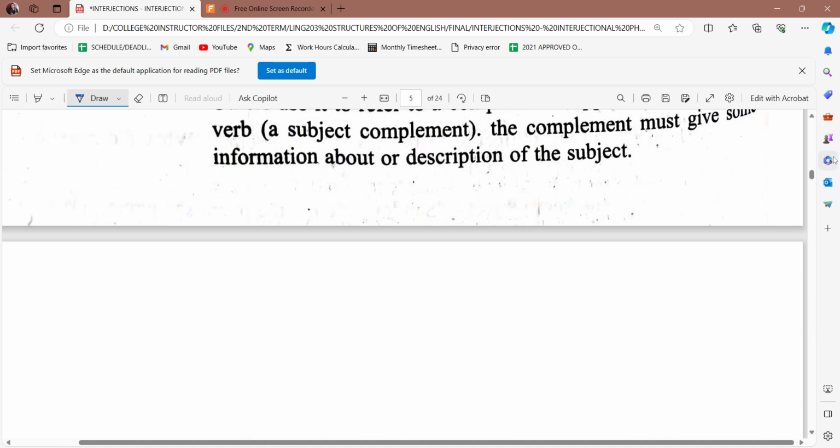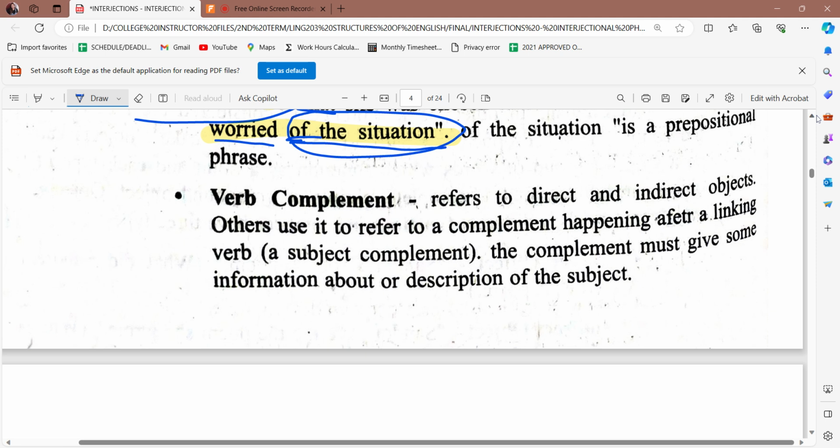Okay. Now we go to the verb complement. In verb complement, it refers to direct and indirect object. Others use it to refer to a complement happening after a linking verb.